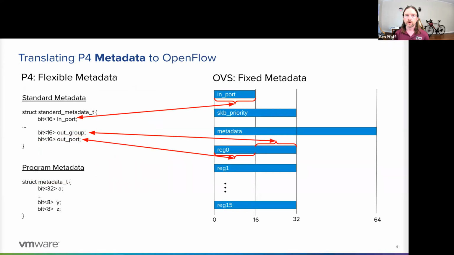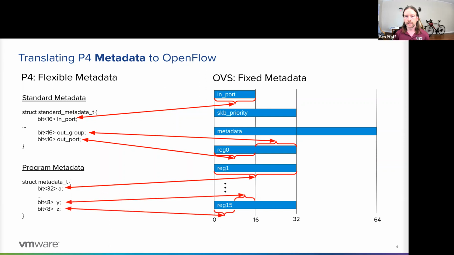Now, for the program metadata, OfP4 has an allocator. It's a pretty simple one. It uses just a first fit algorithm for the moment. So for example, A here would get mapped into the first place it fits, which is the OVS reg1 register. And then Y and Z at the end might get mapped into reg15 if that's what was left at the end of the allocation process.